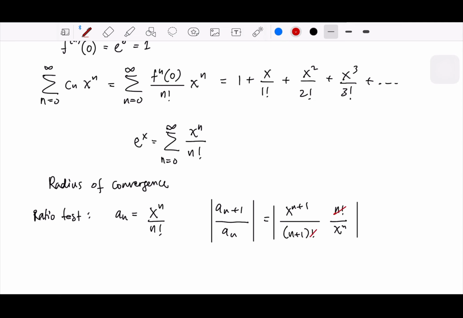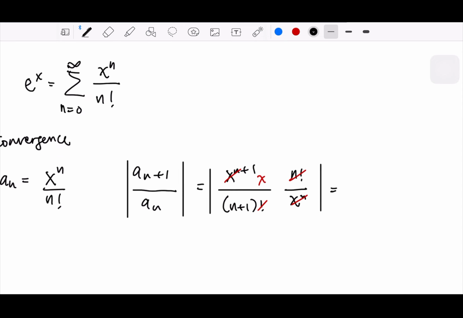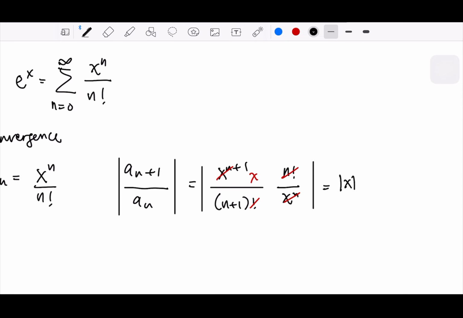So we'll have absolute value of x, and then the limit as n goes to infinity of 1 over n plus 1, in which this limit will result in 0, which means that the radius of convergence will be infinity. Okay, so the series converges for all x.